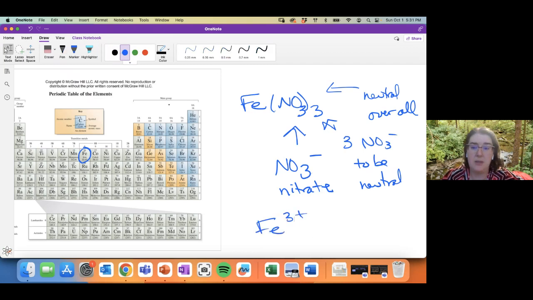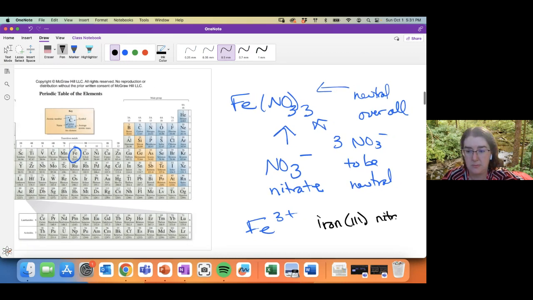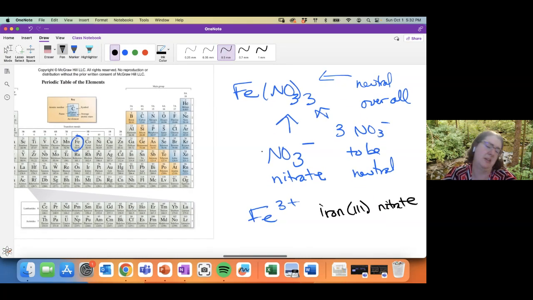So I can then name this. This is iron 3 nitrate. Now, this example is a little bit more straightforward because you could probably take a guess: 3 is weird, it's either iron 3+ or iron 6+ or iron 9+, and 3 seems more reasonable.